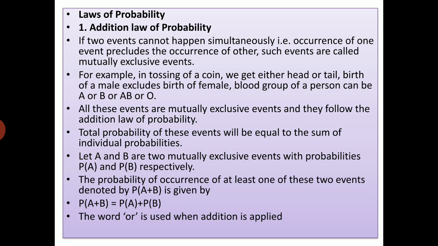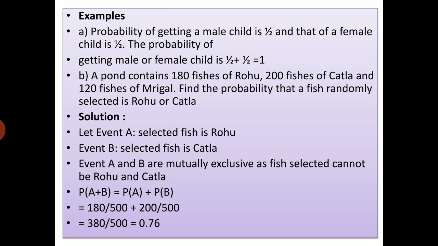The word or is used when addition is applied, and when you are using multiplication, instead of or you have to use and. For example, the probability of getting a male child is half and that of a female child is half. The probability of getting a male or female child is half plus half, equal to 1.